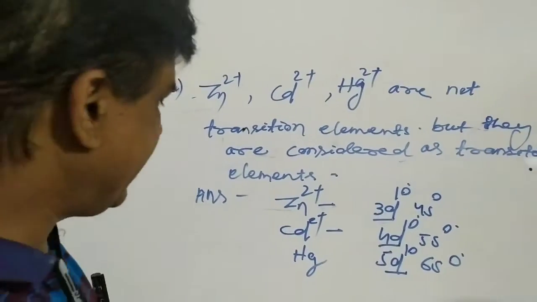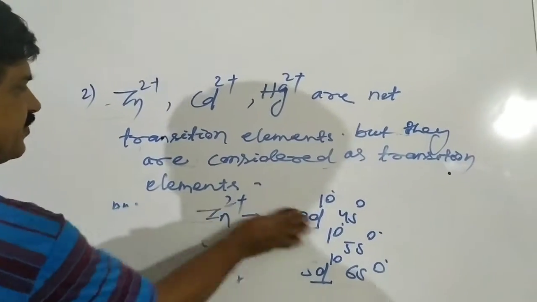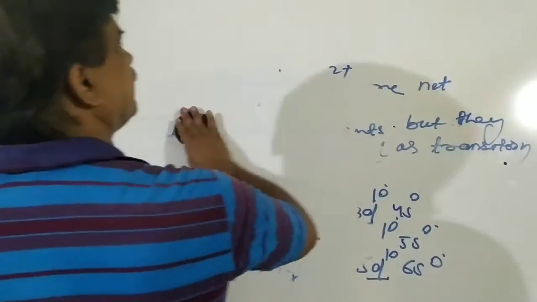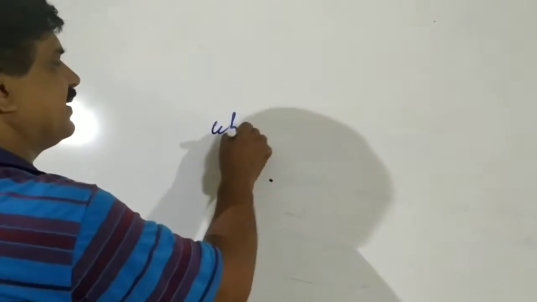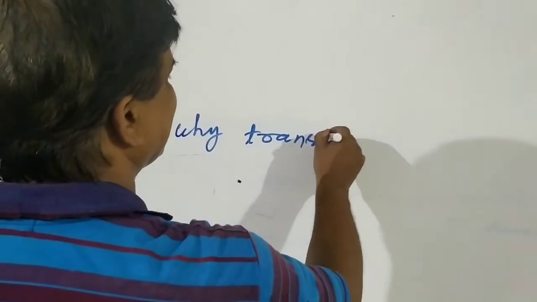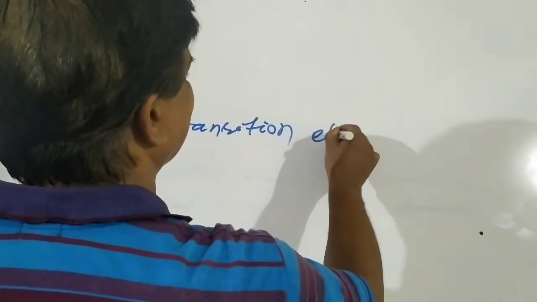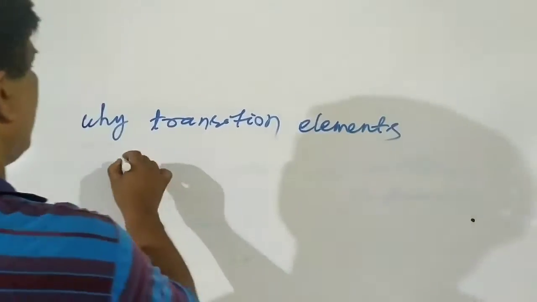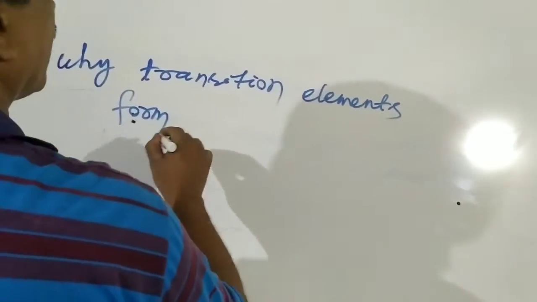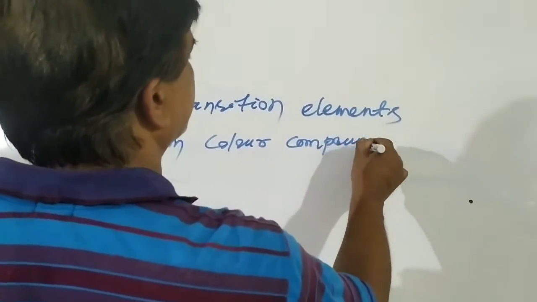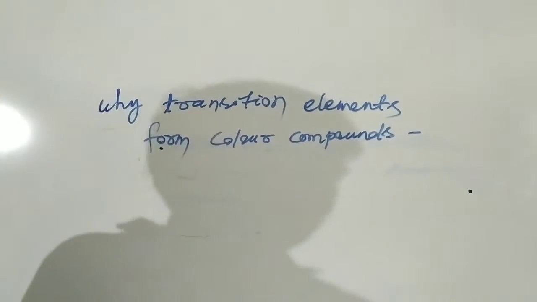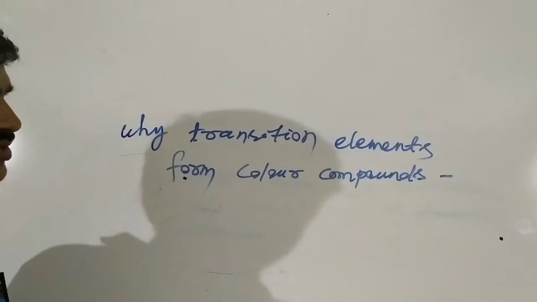Okay, next question. Why do transition elements form colored compounds?